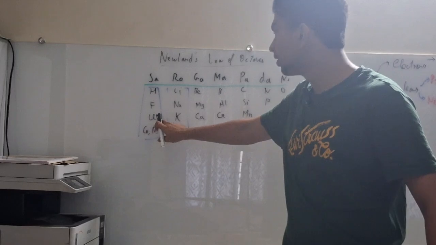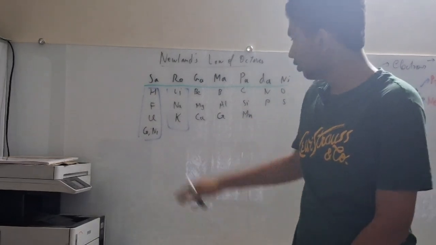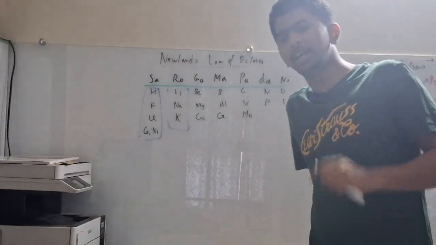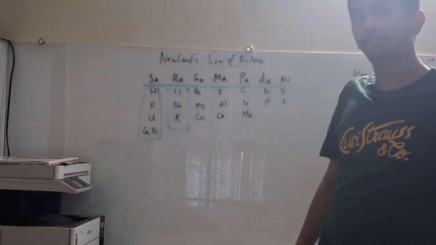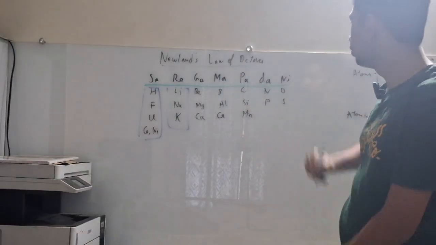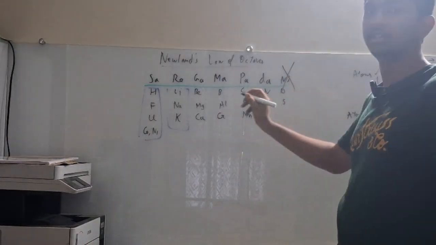These are gases. Cobalt and nickel are metals. So how can they be the same? How are they in the same line? He put dissimilar elements in the same group. So unfortunately, this meant that this law also failed.